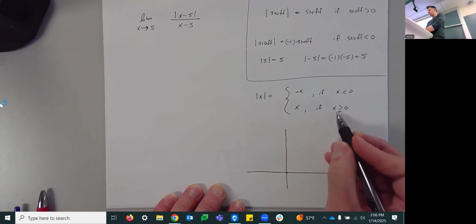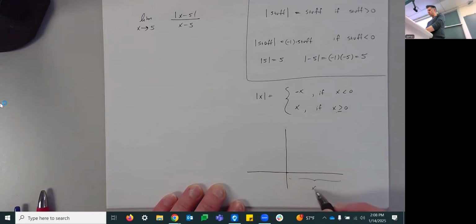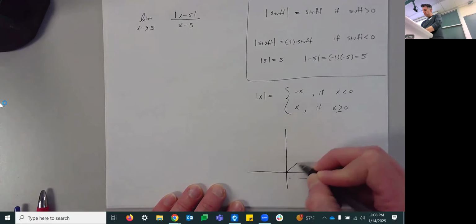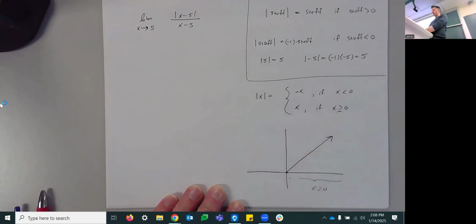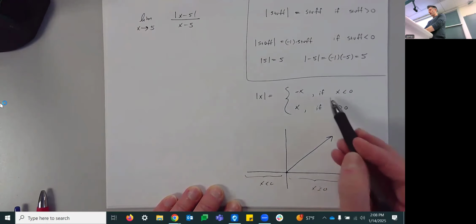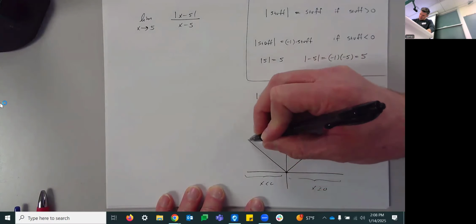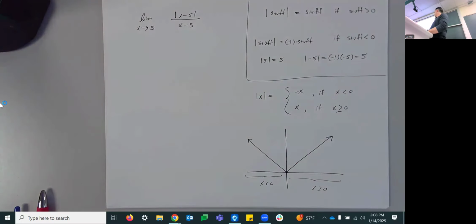If x is greater than or equal to 0, which is over here, I get y equal to x. If x is less than 0, which is over here, I get y equal to -x. And there's the absolute value function I imagine most of you have already seen, your typical V-shaped function.